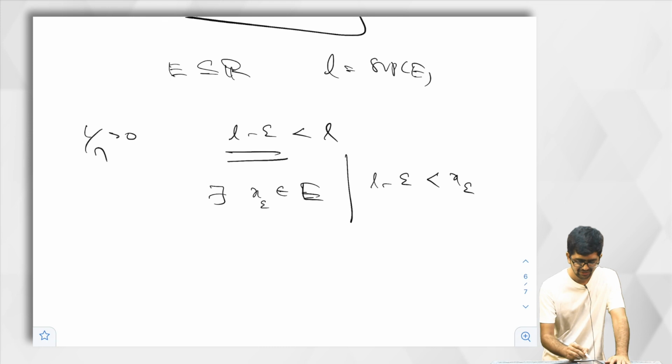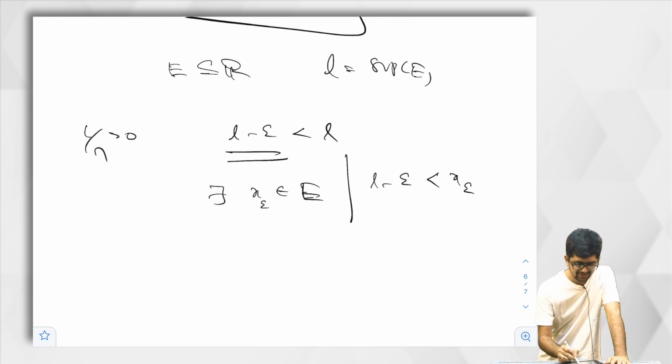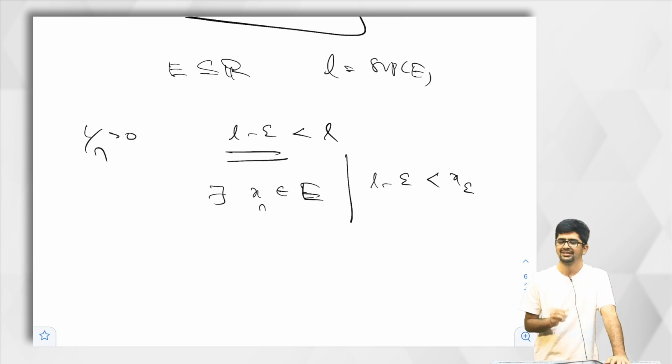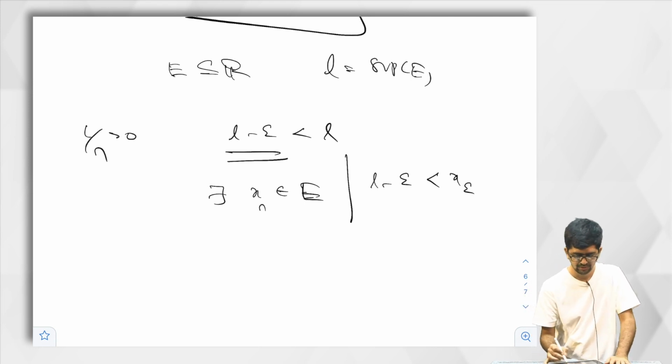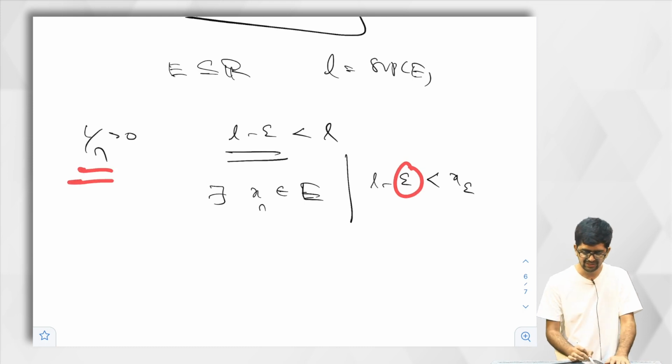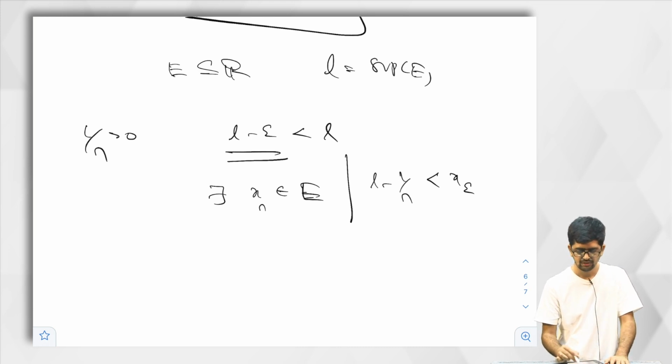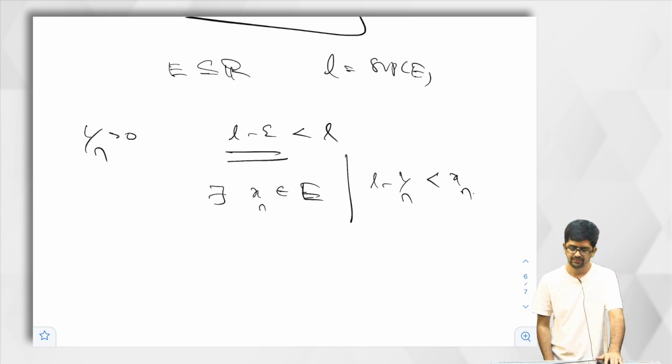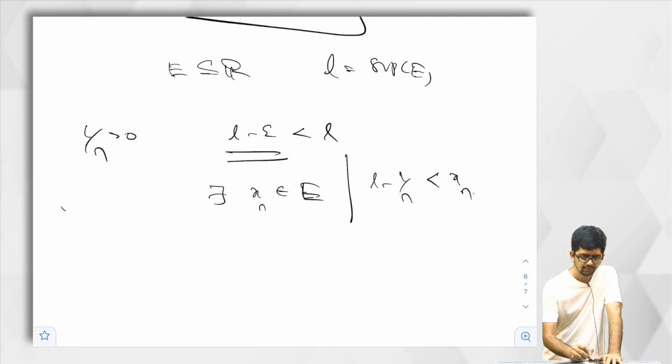For this 1 by n, there exists an x_n, where instead of epsilon I am writing n as the index, such that L minus 1 by n is less than x_n. This is true for every n belonging to N.